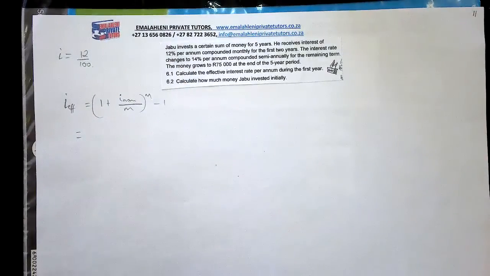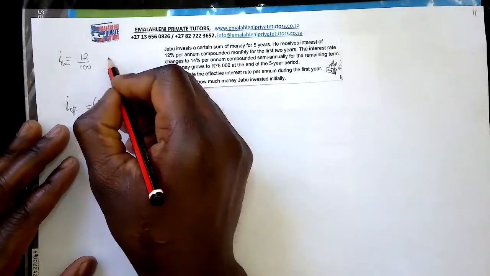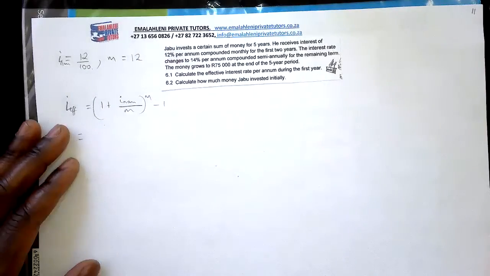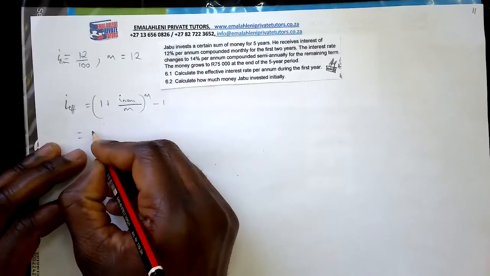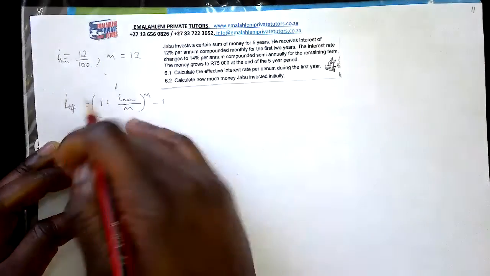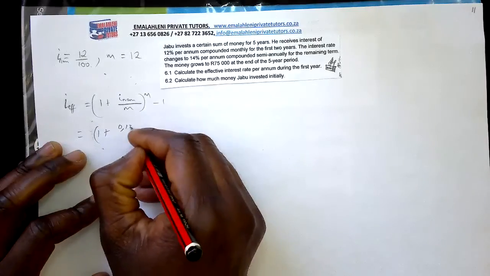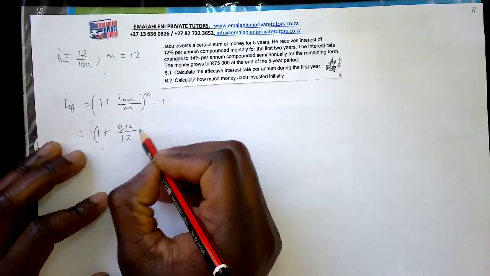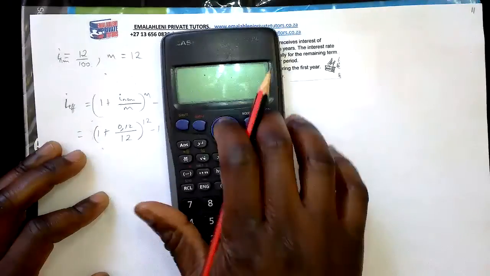So I effective is equal to (1 plus 0.12 over 12) to the power of 12, minus 1. Let's see what we get there.